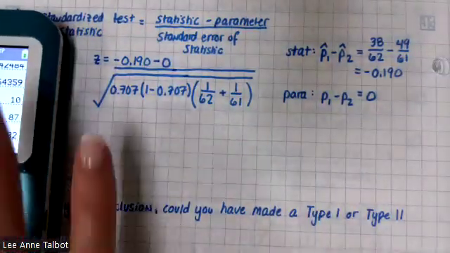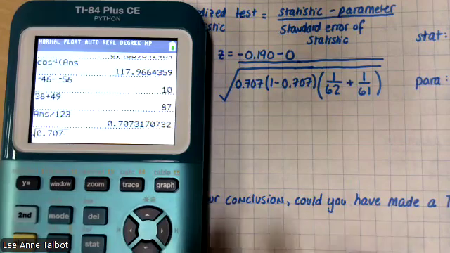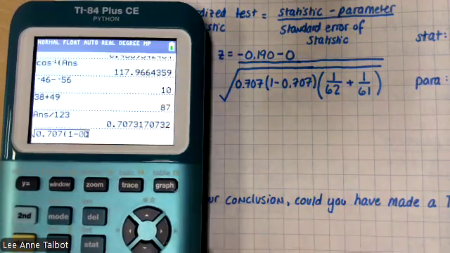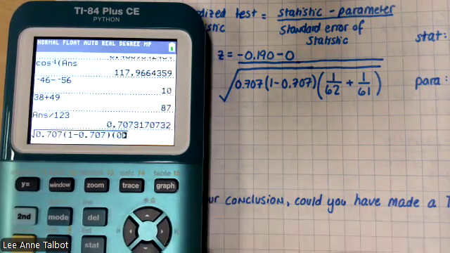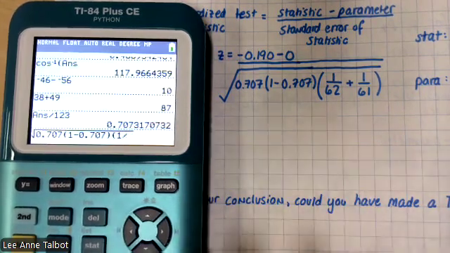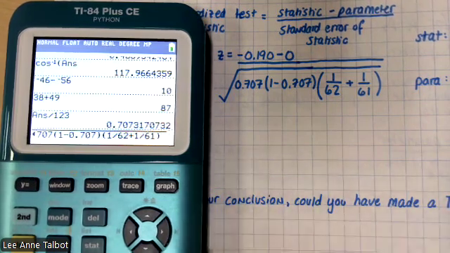Okay, so I'm gonna go square root. You guys might want to practice with me. 0.707, 1 minus 0.707, times 1 divided by 62 plus 1 divided by 61.